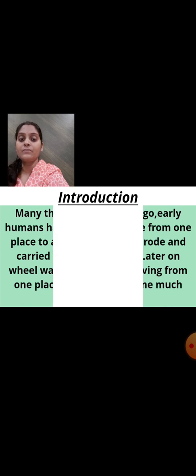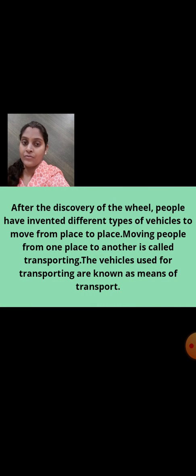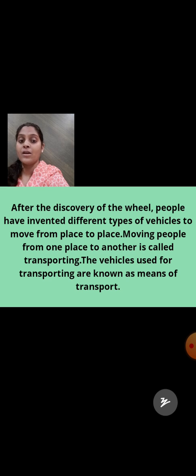Okay? Now, after the discovery of the wheel, people have invented different types of vehicles to move from place to place. Moving people from one place to another is called transporting. Vehicles used for transporting are known as means of transport. Now see, once the wheel was invented, many changes were done in that wheel.